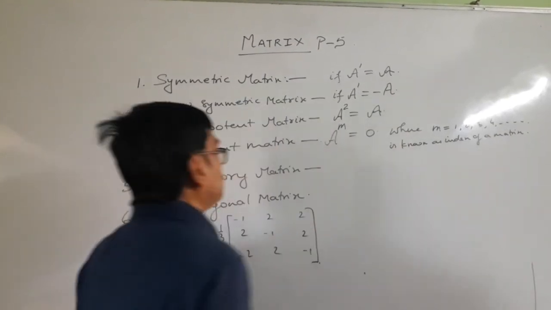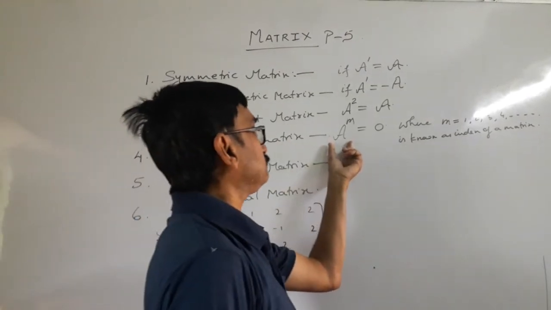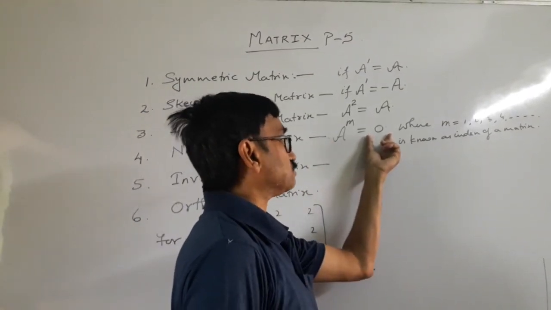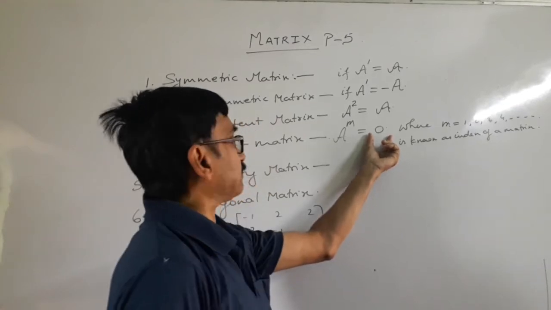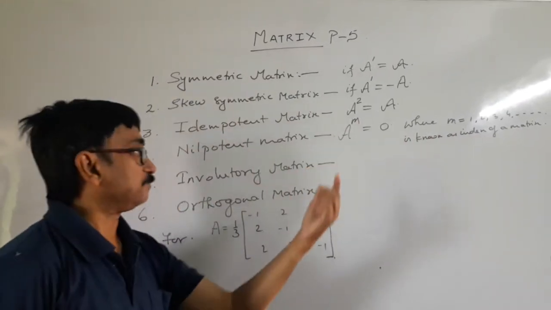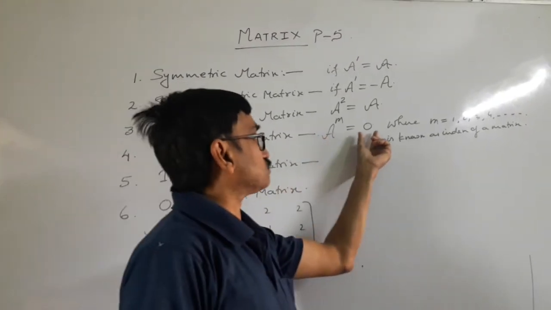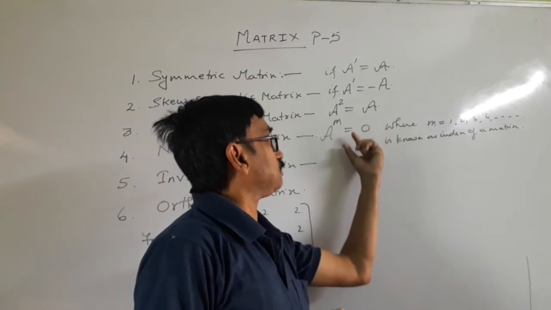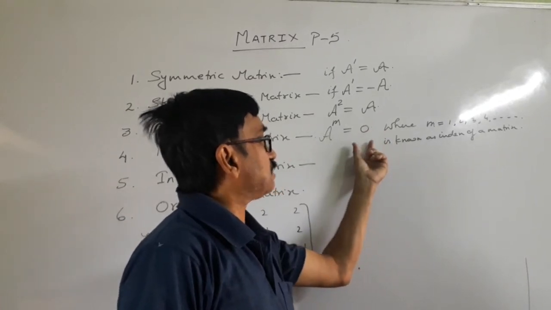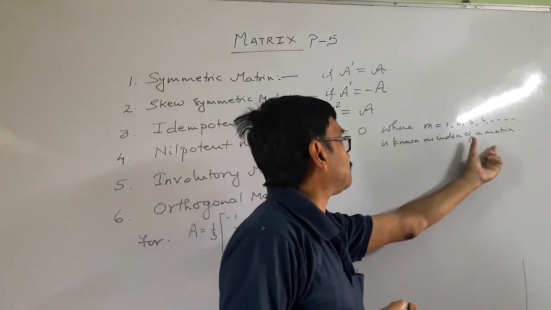It means that if we are calculating A square, we get all the elements 0, then it will be a nilpotent matrix of index 2. Otherwise, next we have to proceed for A cube. If in case of A cube we are getting all the elements 0 as a null matrix, then it will be a nilpotent matrix of index 3.